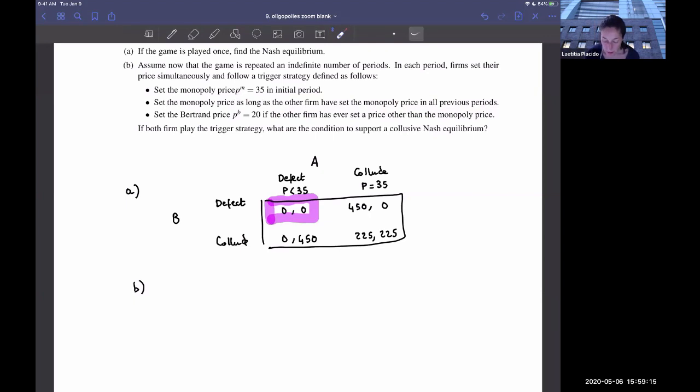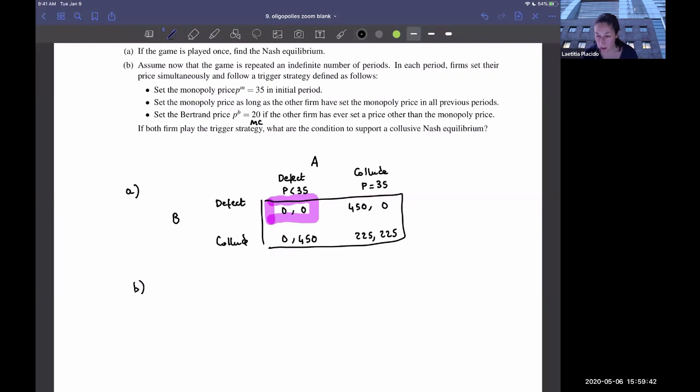And then I'm going to set the Bertrand price. So what is the Bertrand price? It's price equals marginal cost. I set it if the other firm has ever set a price other than the monopoly price. So if my opponent has cheated at least once in the past, then I'm going to punish her by setting price equal to marginal cost.